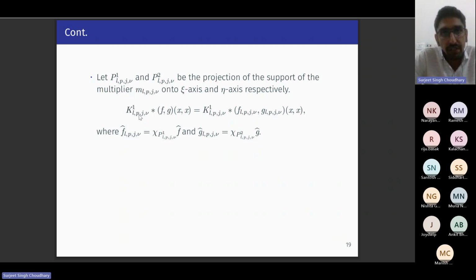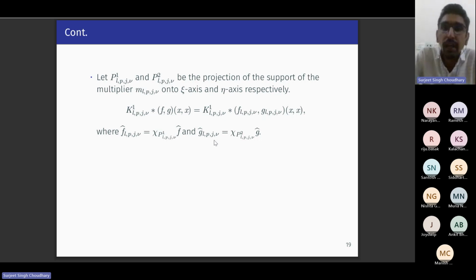Then we can rewrite this convolution as K1 convolved with (F, G), where this F is nothing but the Fourier transform of f times the characteristic function of the projection P1.